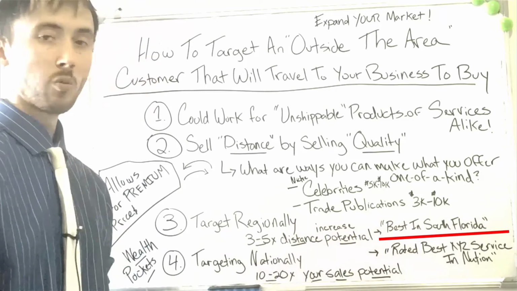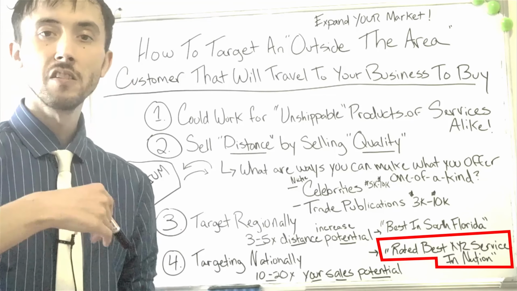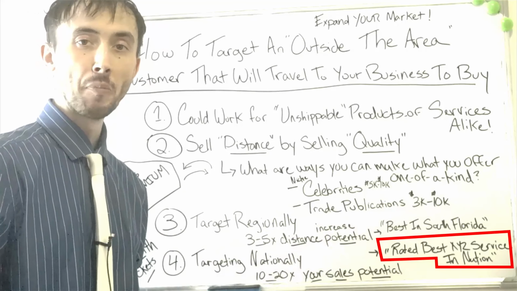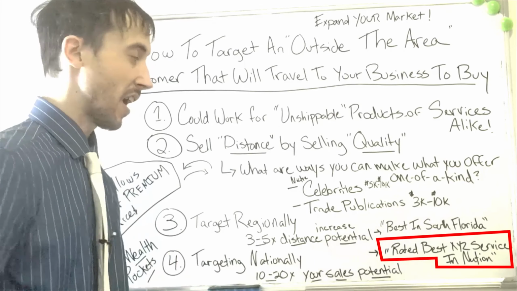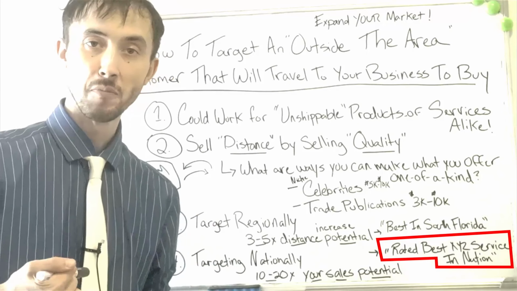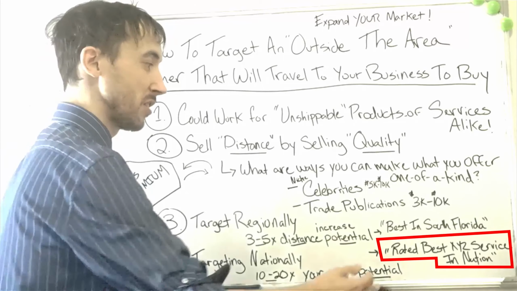On a national basis, what can you say? The best rated service in the nation. Specifically say that. If you're going to go out more than a couple hours distance from where you're at, I recommend taking that approach and making sure people know you're the best in the nation, not just the best in the region. If you're the best in the region, however, you don't say best in the nation.